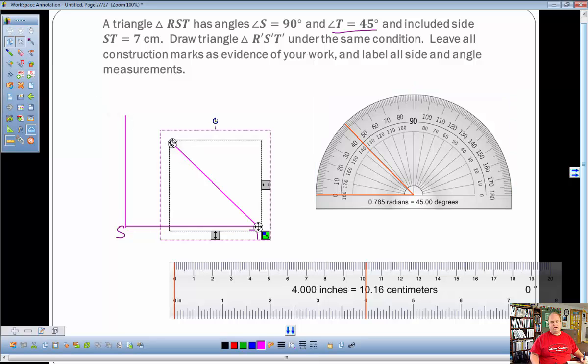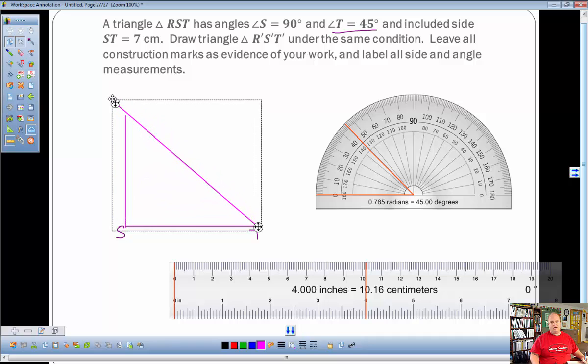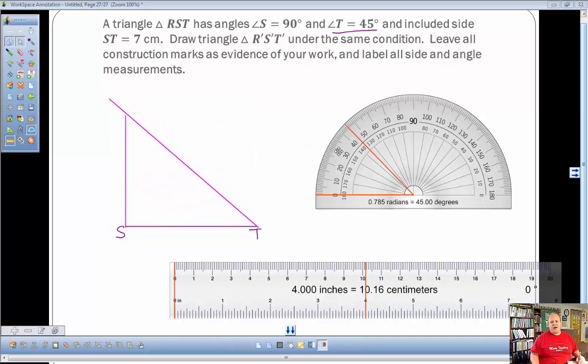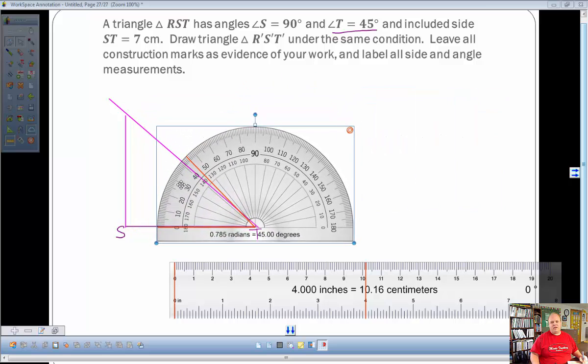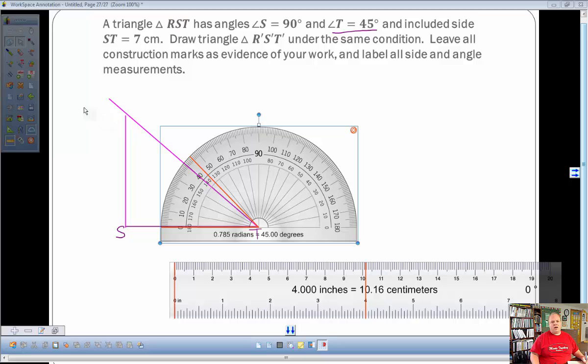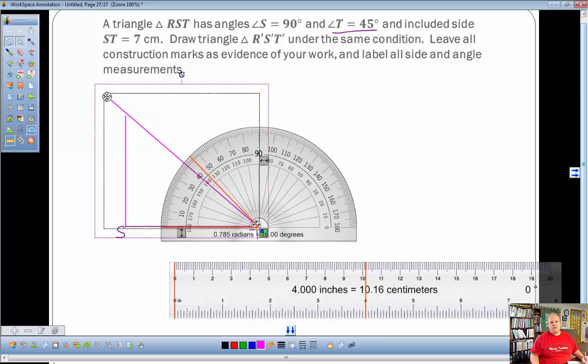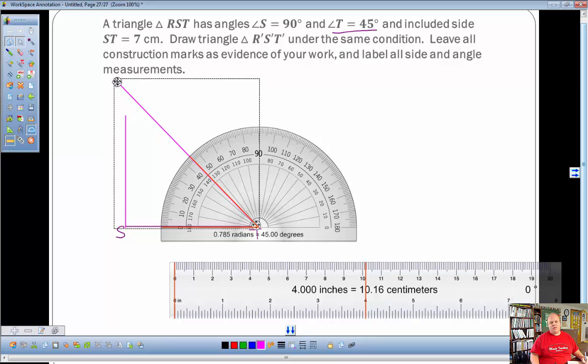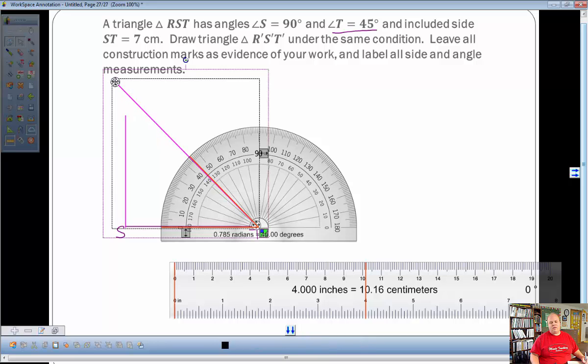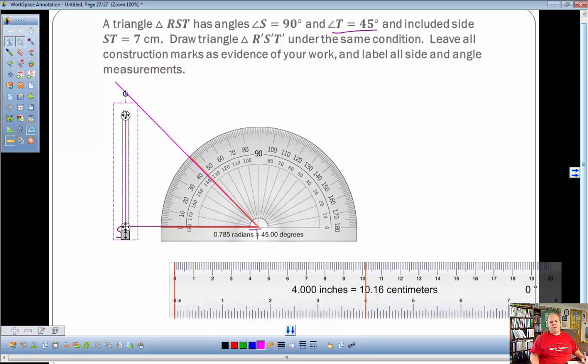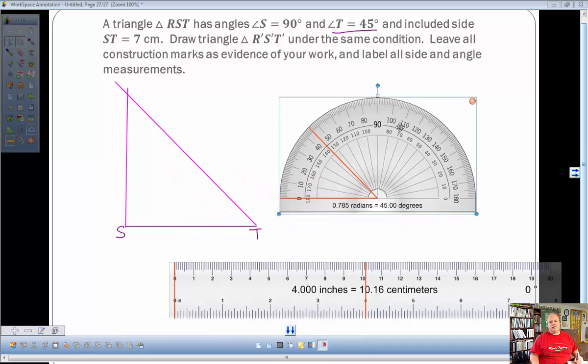this line. Bring this back out to make sure that it's still 45 degrees. It's not quite, so I'm going to change my line just a little bit. And then I'm going to expand this line so it goes straight up until they cross.